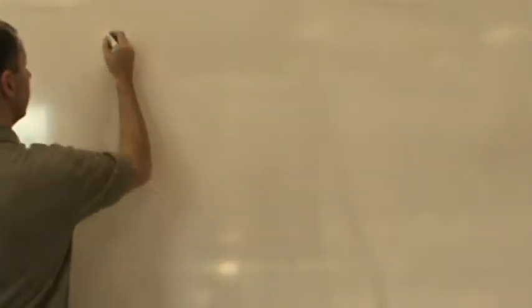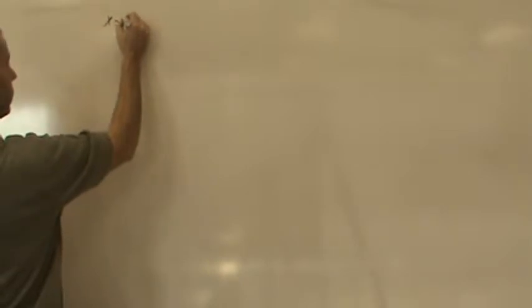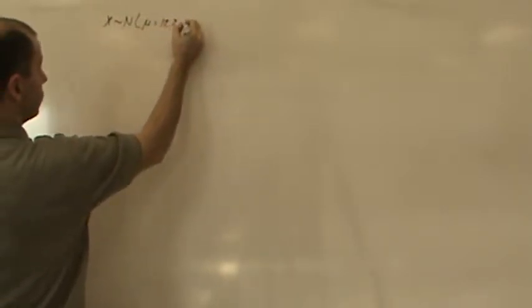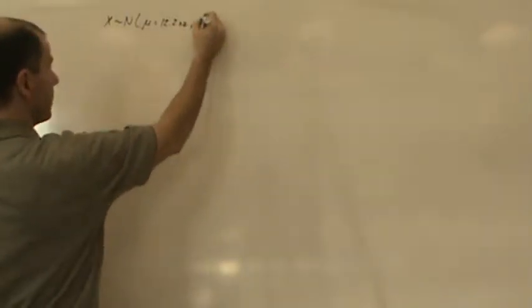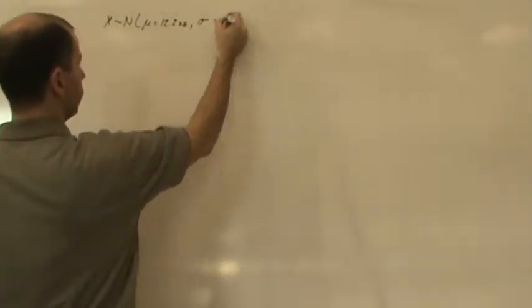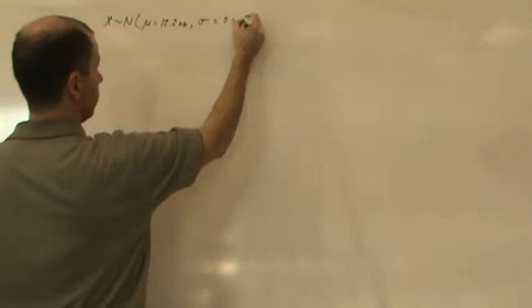So X is normally distributed with a mean of 12.2 ounces and a standard deviation equal to 0.6 ounces. Okay, so now that is the volumes of liquid.